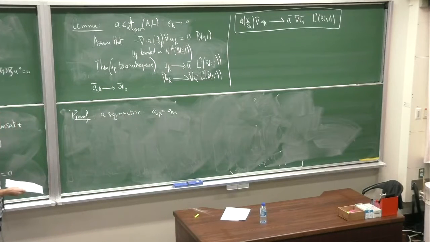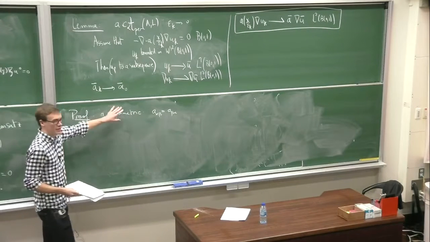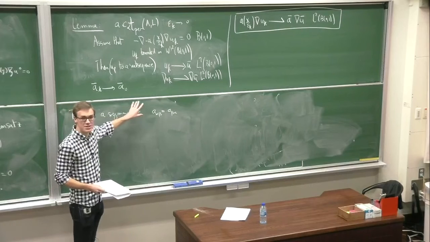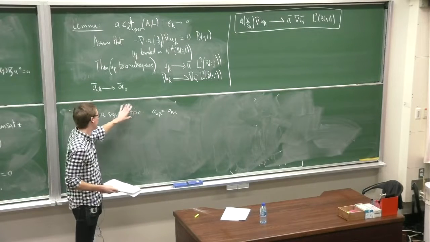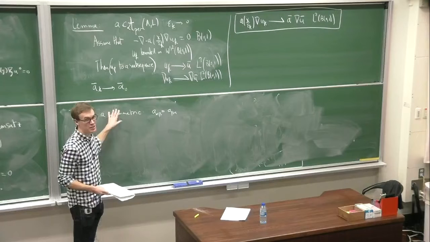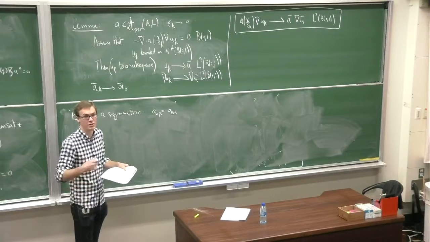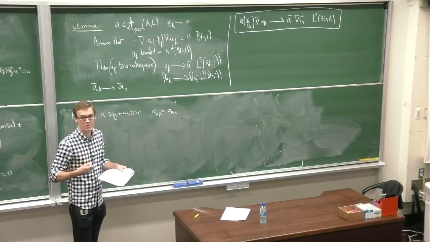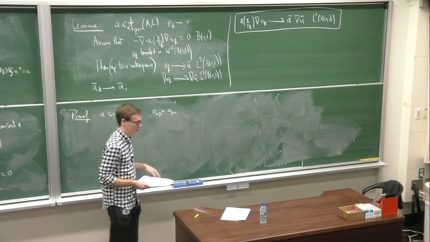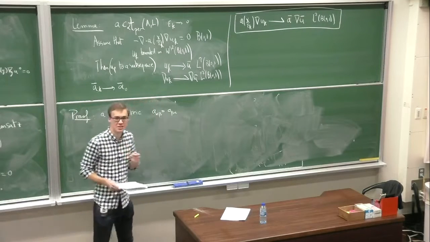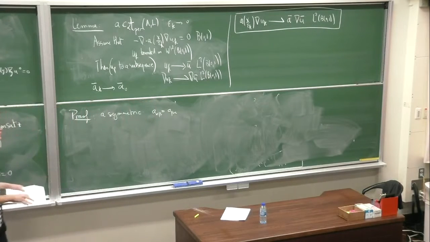This is not a bigger simplification, it's just technical. If I don't have a symmetric function, I have to consider the corrector for the A star, so the transposed matrix. But I don't want to do that, so I just stick to symmetric.